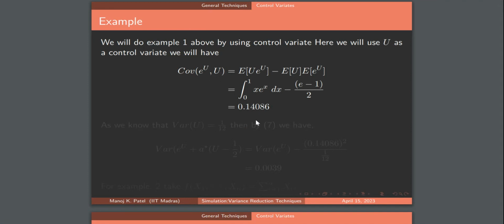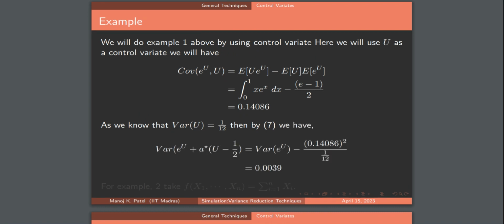Here the covariance is 0.14086, and we know that the variance of U is 1 by 12 because U is a uniform random variable. Then by equation 7, the variance of e^U plus a star (U minus 1/2) is equal to the variance of e^U minus this. So this will be the variance of this estimator.